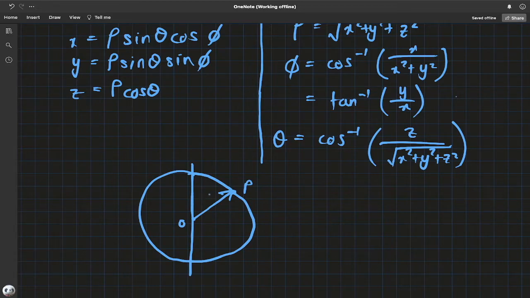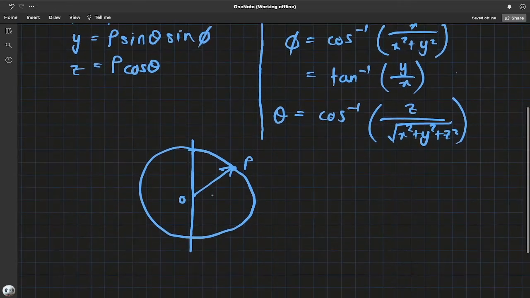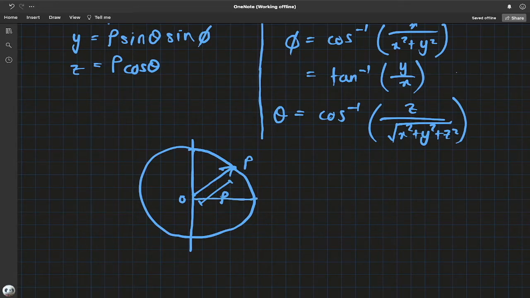So this distance between point P and the origin is what defines your rho. For phi, like before, it's the angle that this point subtends on the xy plane. So you need to project this point on the xy plane.